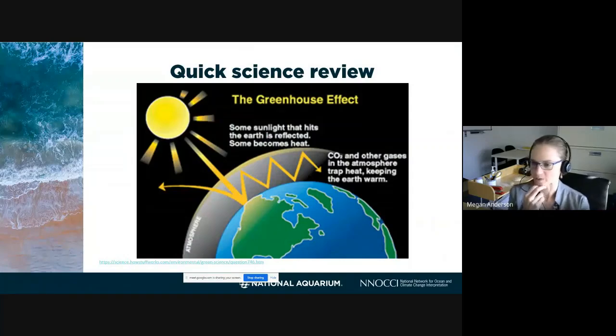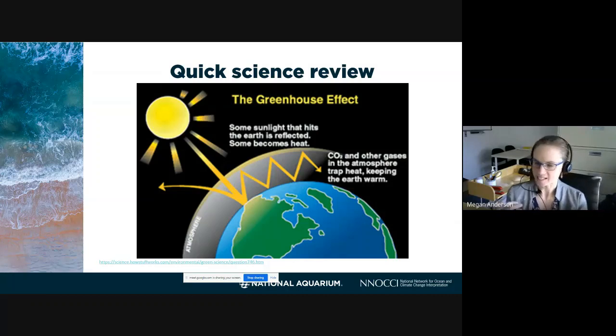It's really important that we understand the basic mechanism of climate change, which is that layer of our atmosphere that traps in the Earth's heat. As the sun's rays come into our planet, some of it gets reflected off of certain layers in our atmosphere, and most of it passes through to our planet and warms it up.